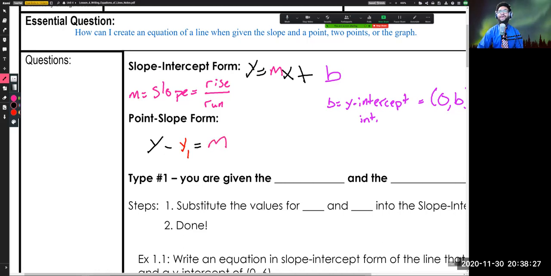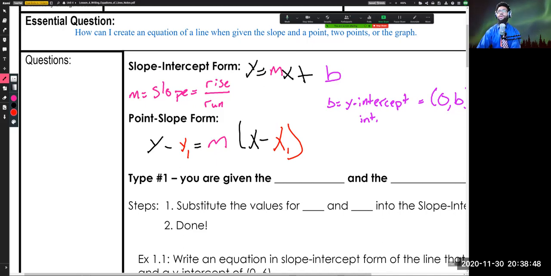And then we'll have, in parentheses, x minus x1. All right. And if you don't get what that means, that's okay. I'm going to explain it. Our x1 and our y1, those are going to be points, and we'll get into that in a minute.